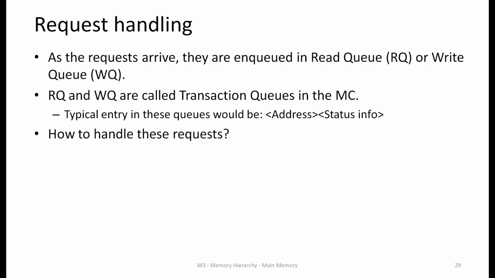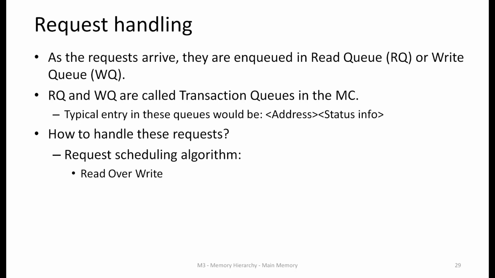Now, there can be multiple requests waiting at the memory controller for service. Can we do anything here? We can come up with a request scheduling algorithm to improve the overall performance.